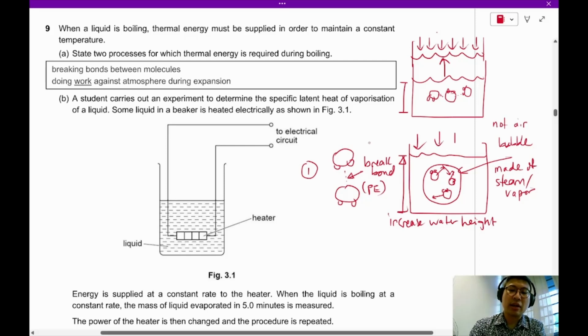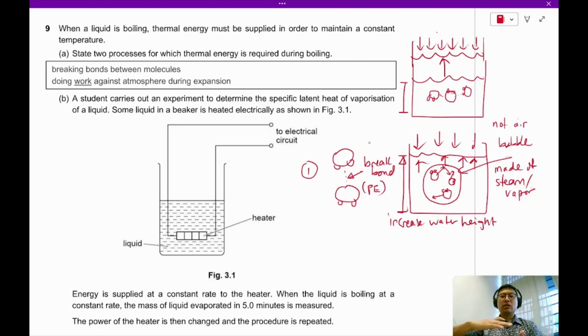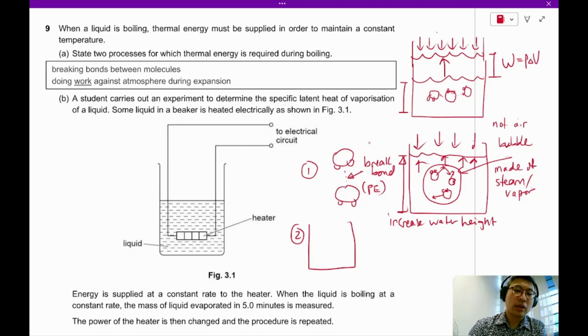This is kind of like having a piston expand against the atmosphere. So this expansion requires a lot of effort. The amount of work done by the expansion will be P delta V, where V is the volume of the bubble that's expanded. So there is work done in order to expand the bubble, and so there is also work done against the atmospheric pressure.